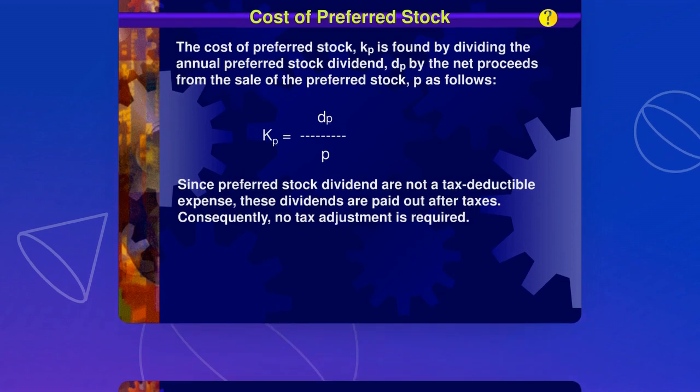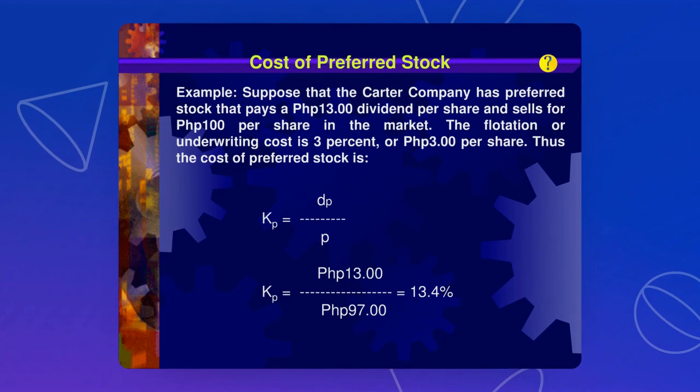Very good. Okay, suppose that the Carter Company has preferred stock that pays a 13 pesos dividend per share and sells for 100 pesos per share in the market. There would be a flotation cost again.